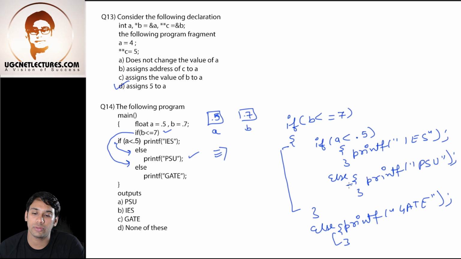This condition is true, this condition is true, this condition is false, therefore it is going to execute this statement. So the output which this program is going to print is option A.